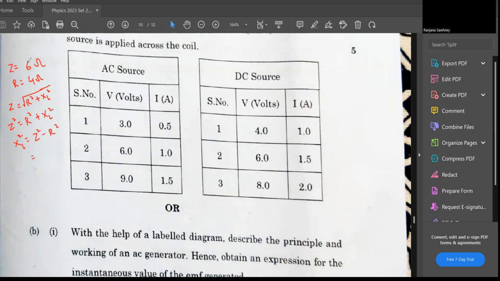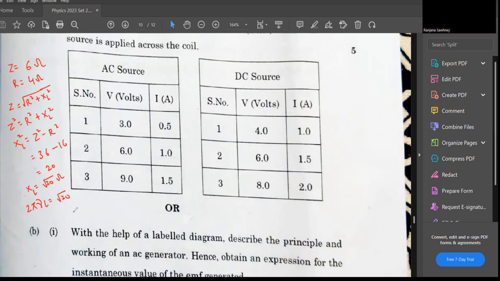That is Z square 36, R square will be 16. So XL square is 20, that is XL will be equal to under root 20 ohms. Now here you have to find out the inductance. We know that XL is equal to 2 pi nu into L, which is equal to under root 20.